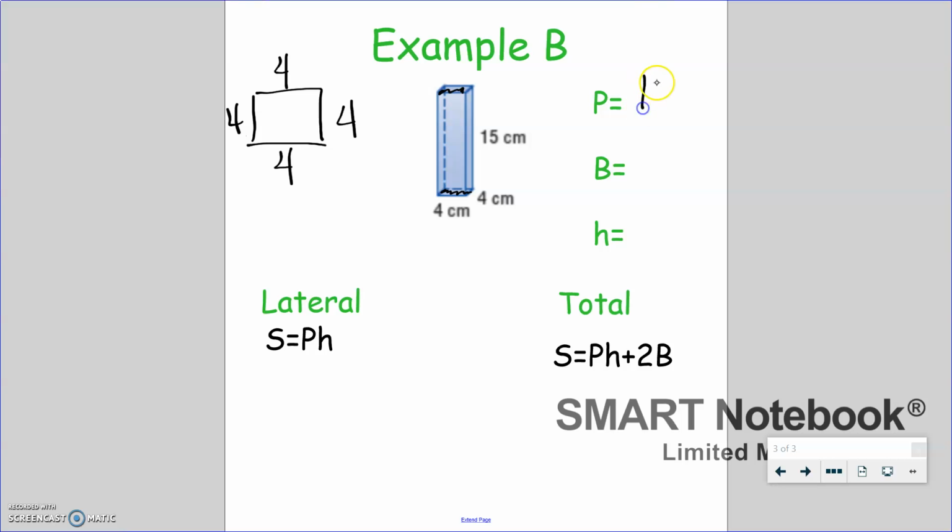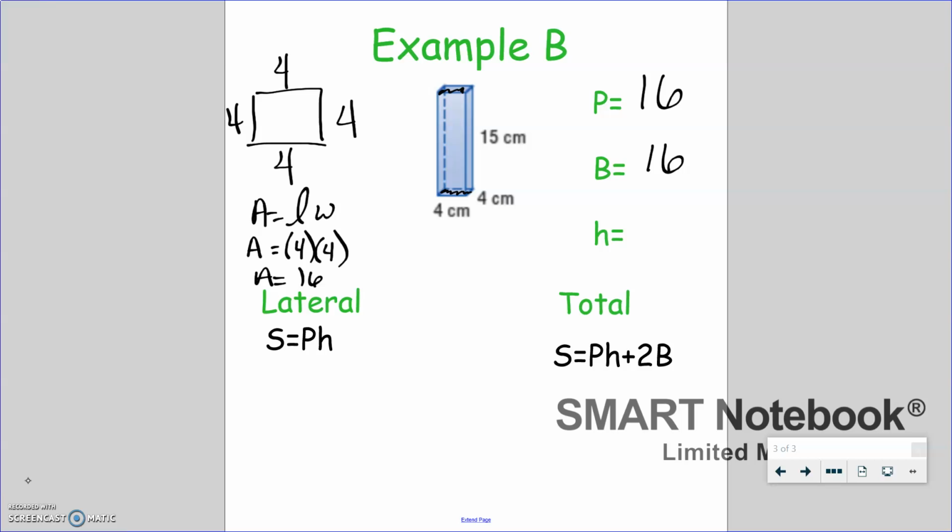That gives me 16. Okay. And then to find the area of my base, remember the area of your base is length times width. You have 4 times 4. Area is equal to 16. So our perimeter as well as our base area are equal to each other.